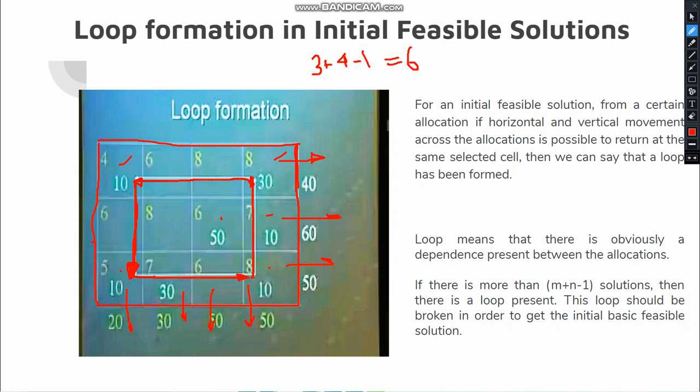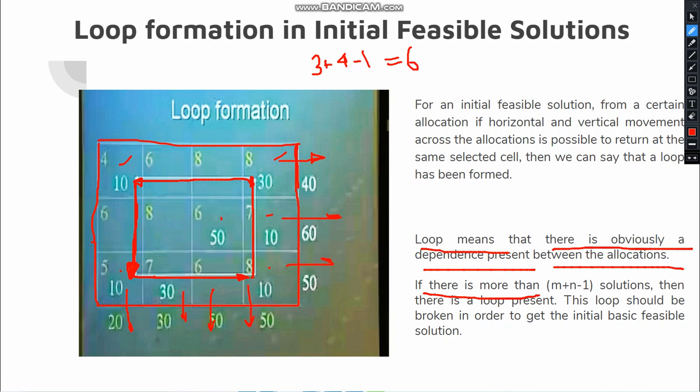So this means that there are solutions which are not independent of each other. They are dependent on each other. So loop means that there is obviously a dependence present between the allocations.